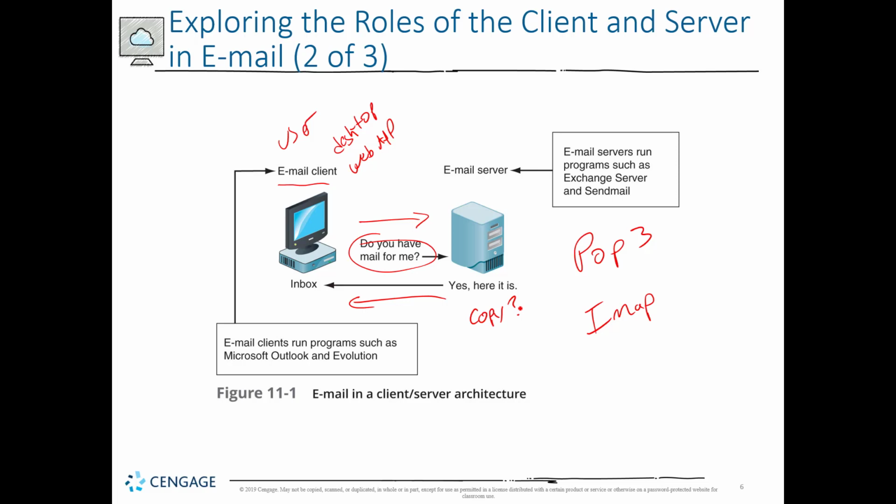That way, if you connect with your tablet or your desktop or your laptop or your phone, all of them can keep retrieving those copies, as opposed to if you check it on your tablet and it doesn't leave a copy, then all of the emails are now on your tablet. You log into your desktop or your phone and those emails aren't there.